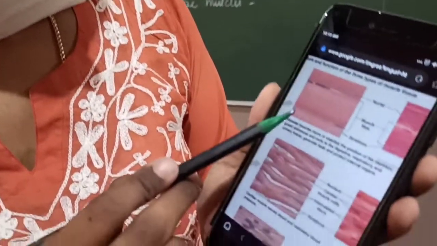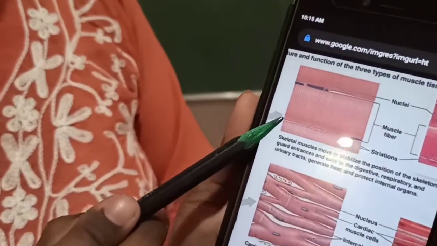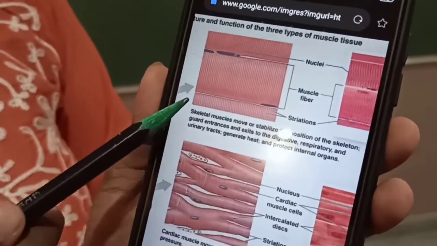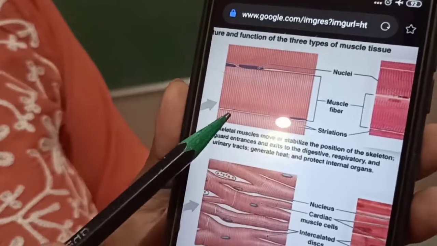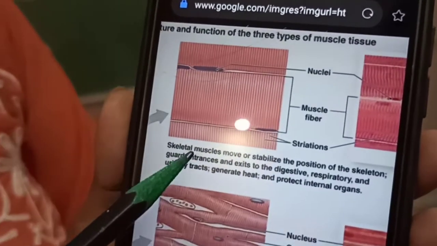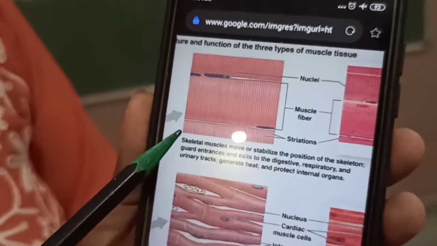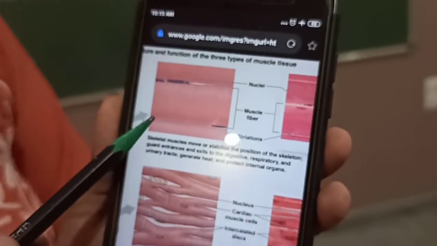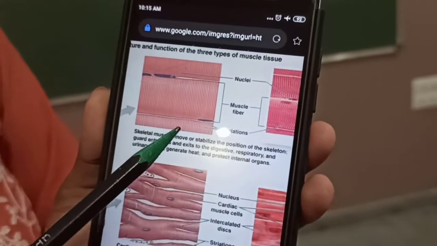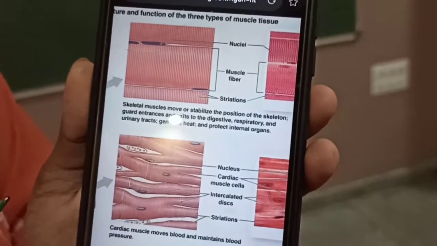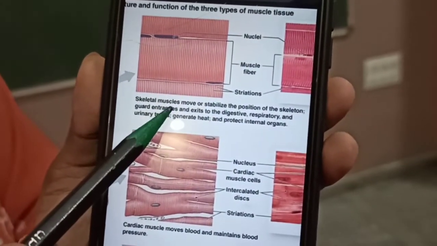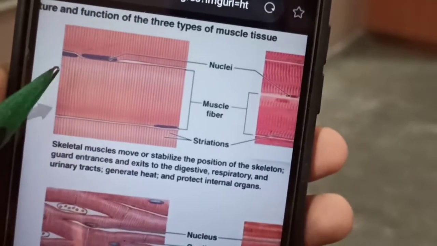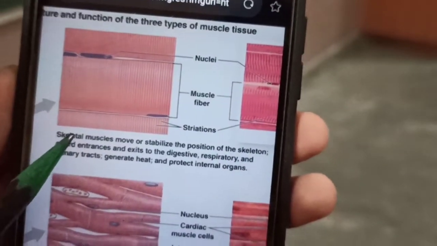So children, the first one here is the voluntary muscle. This muscle is also called skeletal muscle. Why is it named so? Because these kinds of muscles attach to our bones or cartilages, which helps in the movement of the parts.